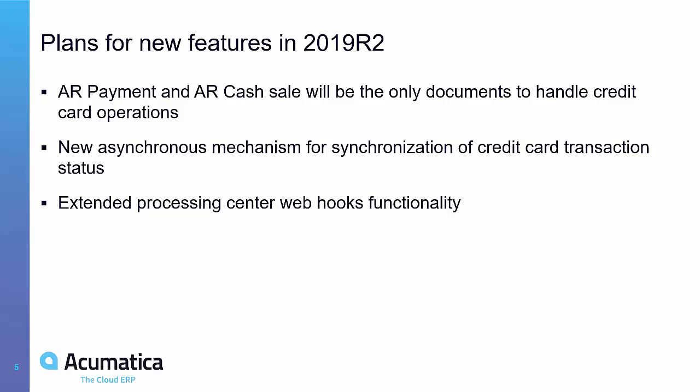In case something went wrong on the first try, it will be synchronized automatically later. And if we are looking a bit more into the future, we are planning to add more payment methods based on that mechanism, and the first idea is actually doing a better integration with ACH, for example.